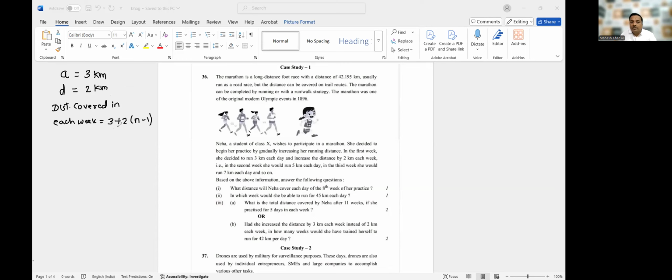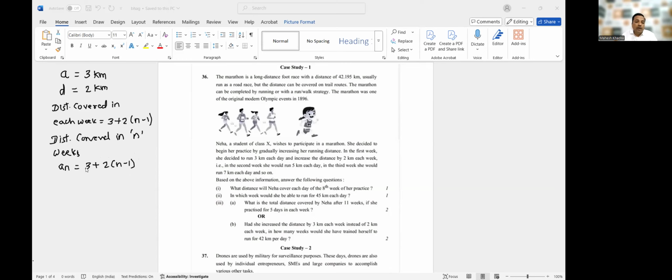That 2 is the difference. Each week she is increasing by 2. Correct? So distance covered in n weeks. Whatever the number of weeks, a formula will be made, that we know. We call this an. an is equal to 3 + 2(n - 1).